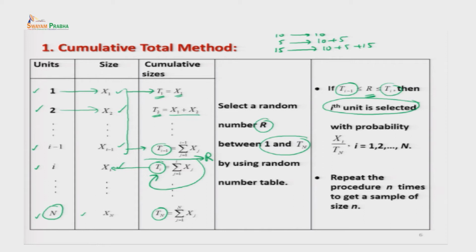So, now this xi will be coming to your sample, joining your sample, and the probability of selecting such a unit is given by xi upon Tn, that is, xi upon the sum of all xj, j going from 1 to N. Right. I will show you this mathematically also.